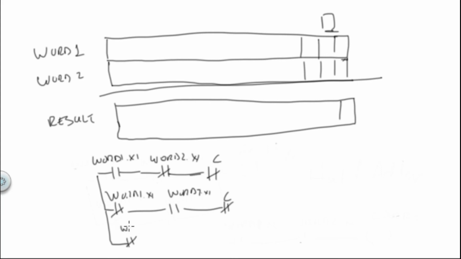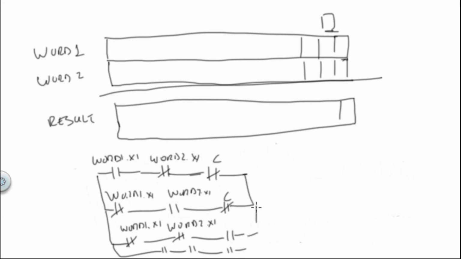Not word 1 dot x1, not word 2 dot x1 and carry, or what? Or all three. If they're all three on, then you get a 1 as well, right? So all three give you what? Result dot x1. Okay. So that is the word result.